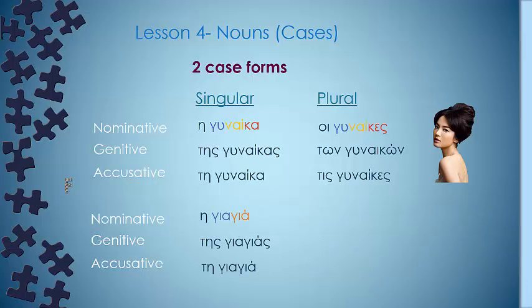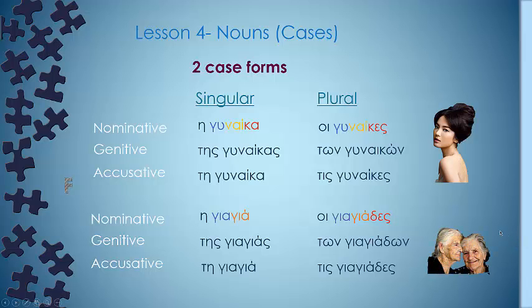And we have our second category, η γιαγιά, which is the grandma, της γιαγιάς, τη γιαγιά. Οι γιαγιάδες, των γιαγιάδων, τις γιαγιάδες. Two syllables in the singular, three syllables in plural. So that's why I've put them in different categories.